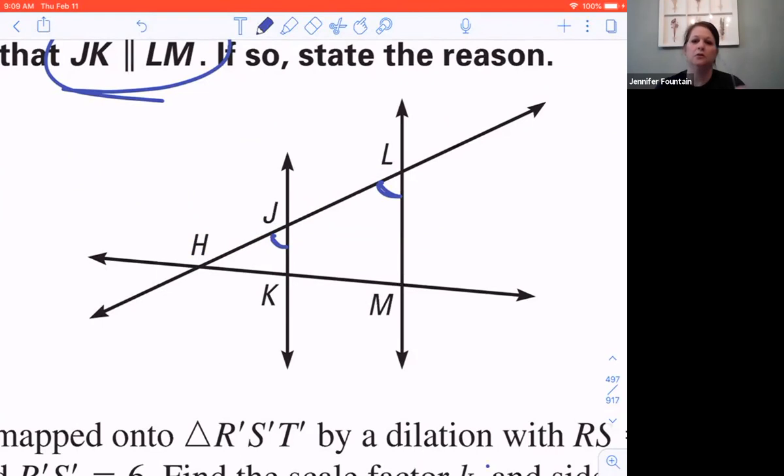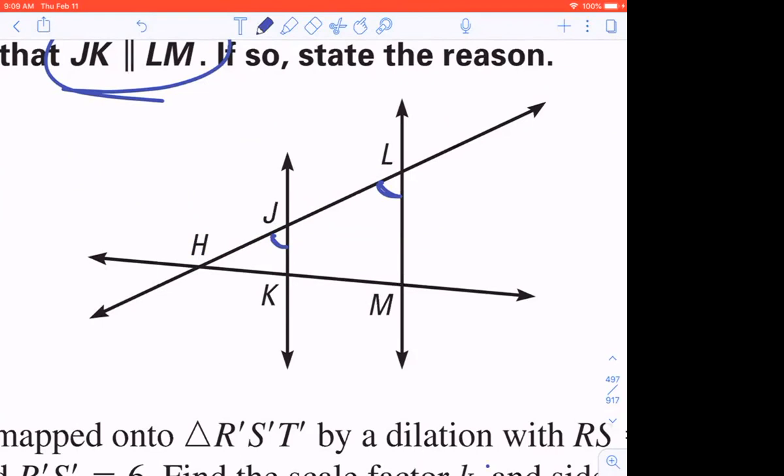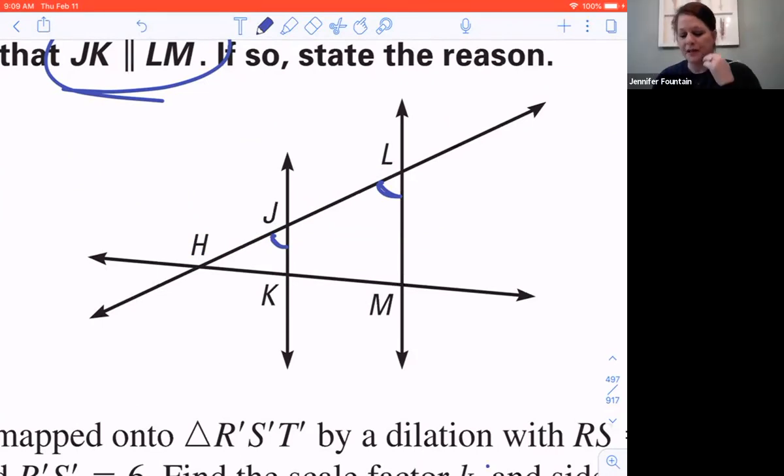Angles can't be parallel. Lines are parallel, but we're trying to determine if the lines are parallel. Think about when we learned about all the different angles on a transversal: alternate interior, alternate exterior, corresponding, consecutive, vertical angles. So what is the relationship between these two angles here? What is their location relationship?